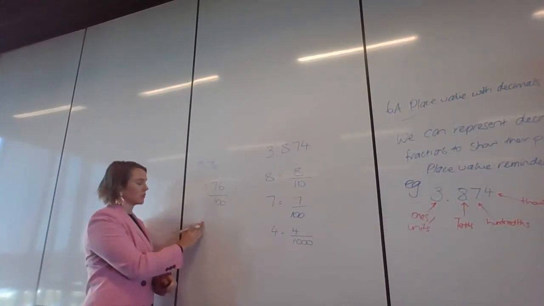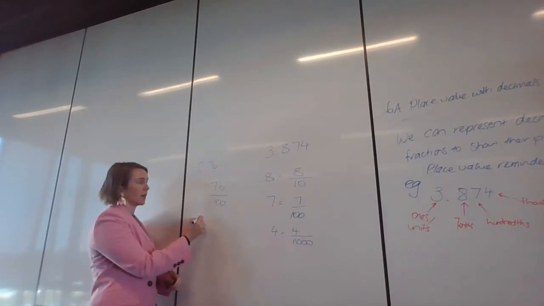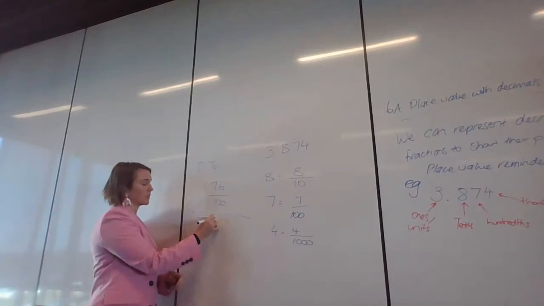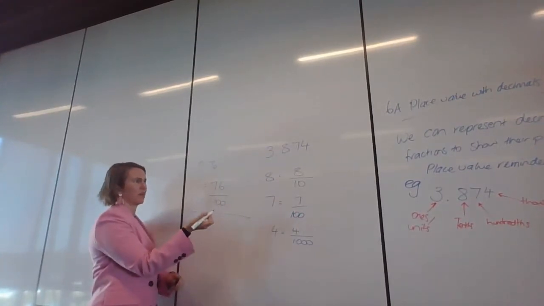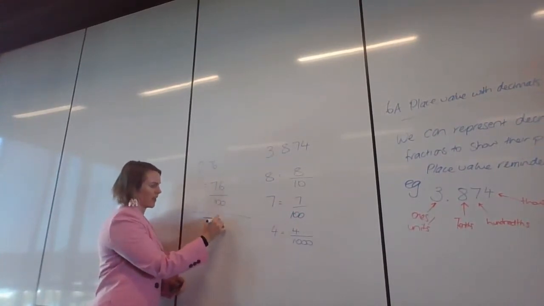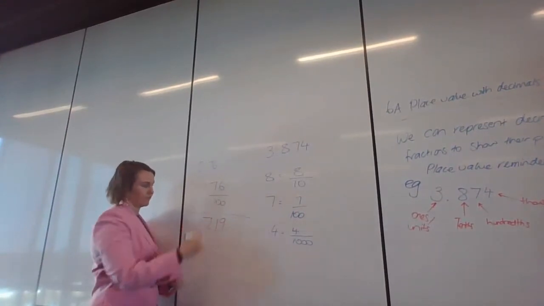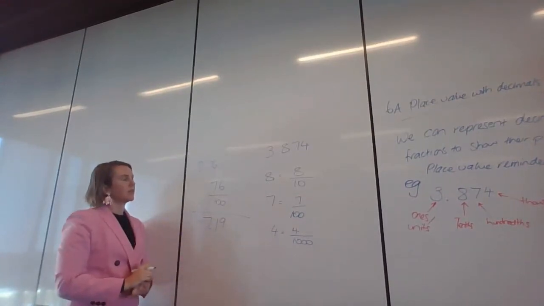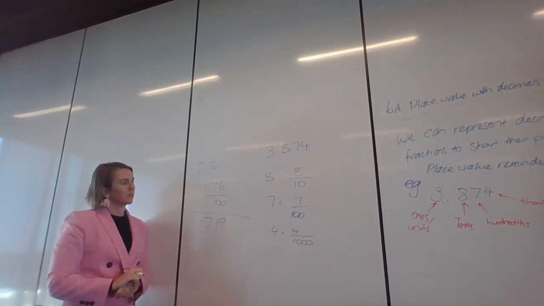So on that topic, let's do another example like that. Let's say I've got 7, apparently that's my favourite number today, 7 and 0.19. How would I represent all of those 3 numbers in one fraction?